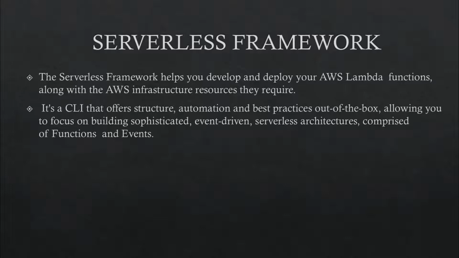It is a CLI that offers structure, automation, and best practices, allowing you to focus on building sophisticated event-driven serverless architecture comprised of functions and events. Basically, the Serverless Framework allows us to publish our functions, which contain the logic, and the infrastructure code, which contains all the components we need to deploy the function.